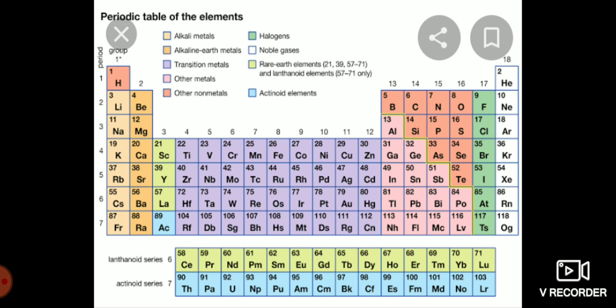Groups 3 to 12 are the transition group, the transition metals.